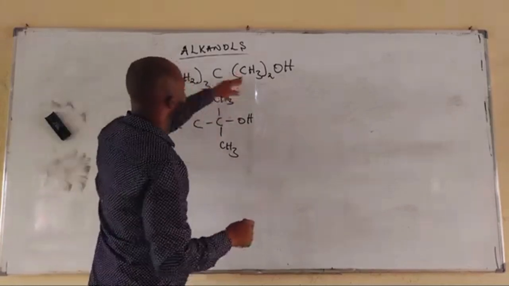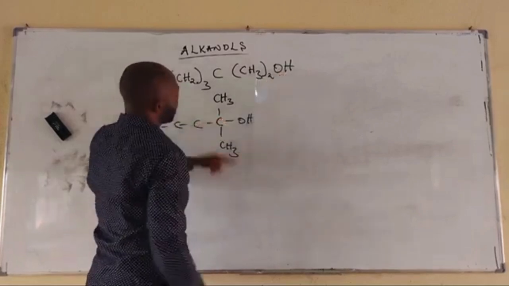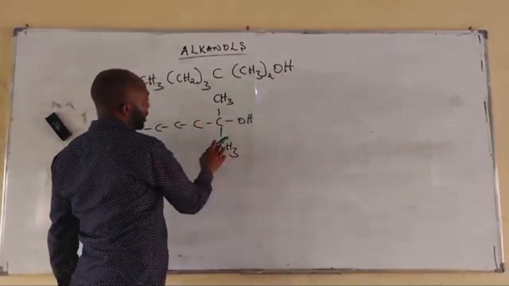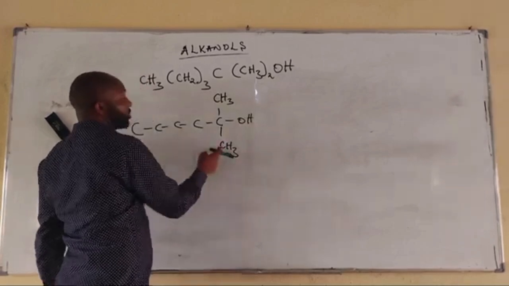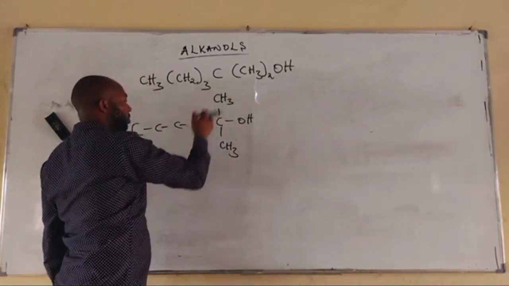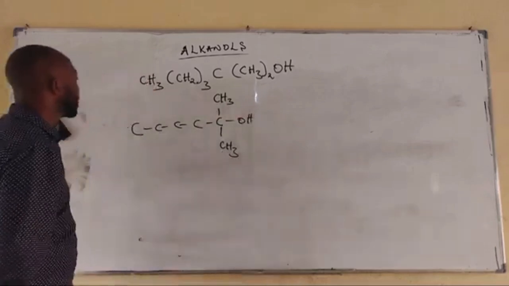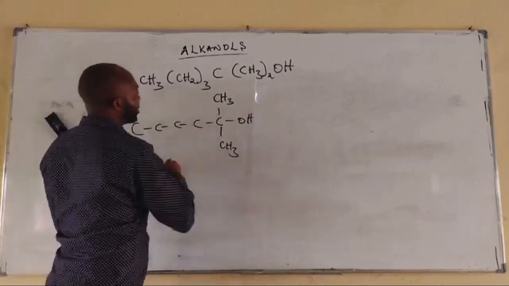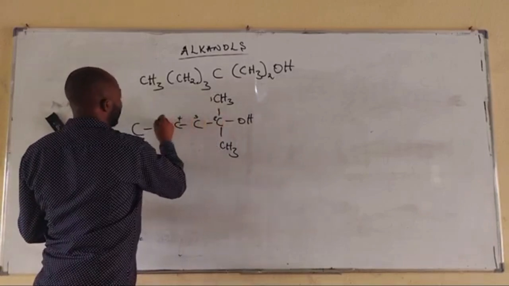There are CH3, 2 of them attached to this carbon and 1 OH. So it doesn't matter if you put this OH here and this here. This can be our terminal carbon, this can be our terminal carbon. Even if we have CH2 here, it could be our terminal carbon, so it doesn't matter. So from here, we come from this direction. Obviously, here, 1, 2, 3, 4, 5, 6.